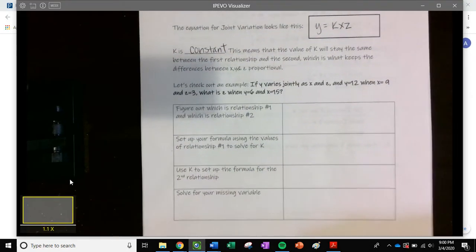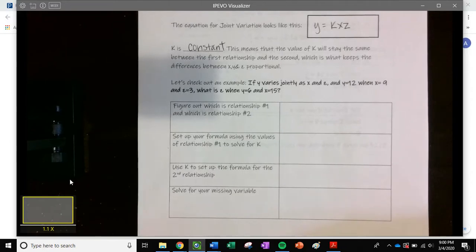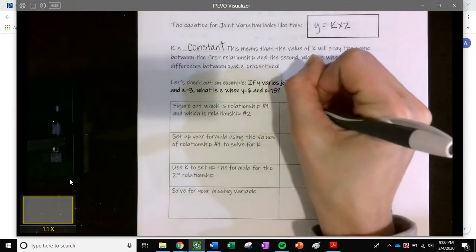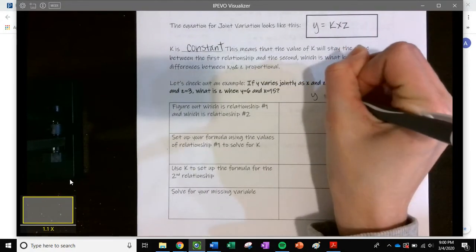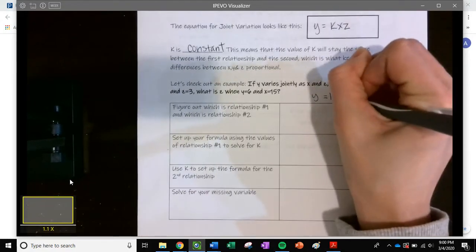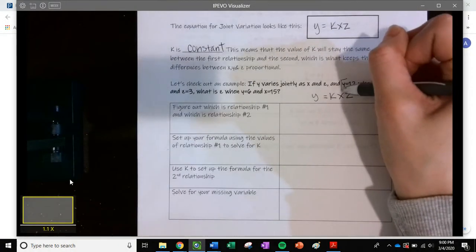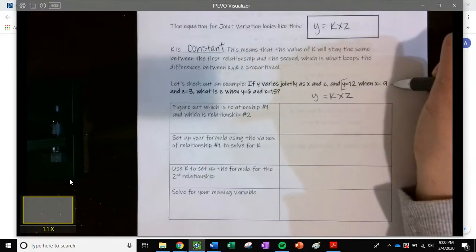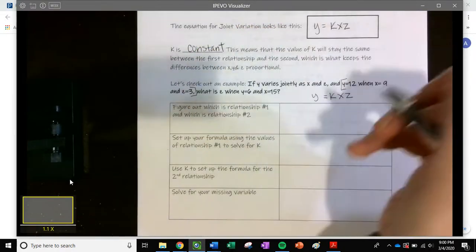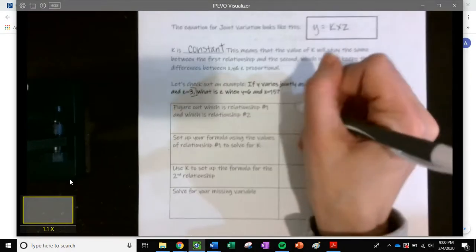So let's check out an example. If y varies jointly as x and z, and y equals 12 when x equals 9 and z equals 3, there's our first relationship.